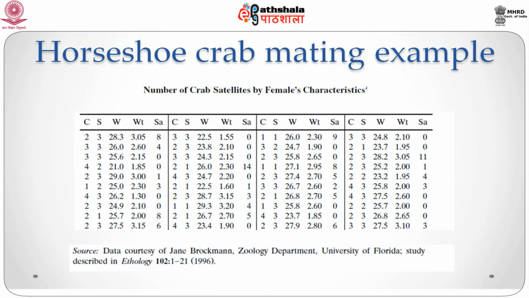W is the carpus width measured in centimeters. WT is the weight measured in kg, and SA is the number of satellites. The original source for this data set is from Brockman of the University of Florida and described in the journal Ethology, but it has also been discussed in detail in the 2002 book by Agresti.